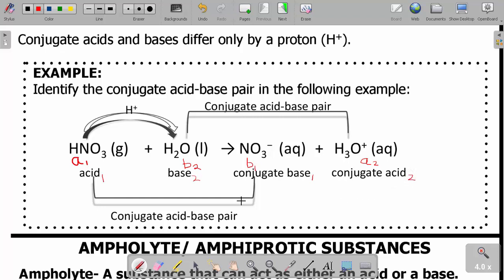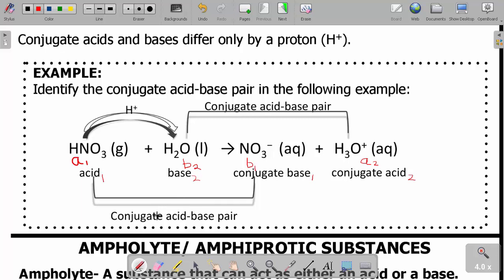Now when they ask you to identify the conjugate acid-base pairs, your answer can either be A1 together with B1, that forms a conjugate acid-base pair, or B2 together with A2, that also forms what? A conjugate acid-base pair.